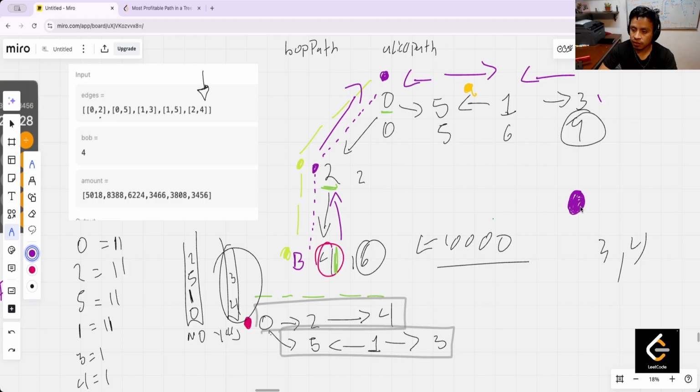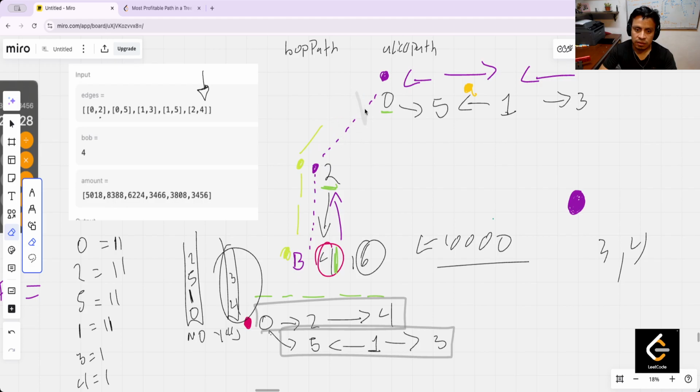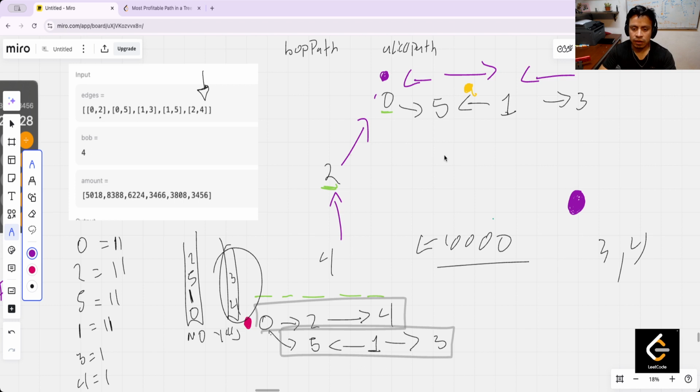Yeah, and in this case starting in the leaves. Let me remove this. Yeah, and now this is the current direction.